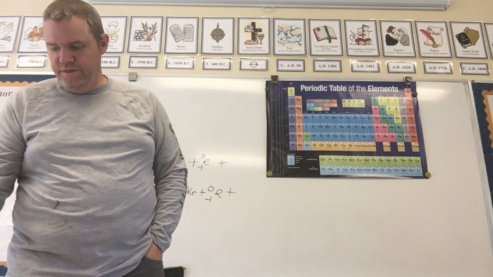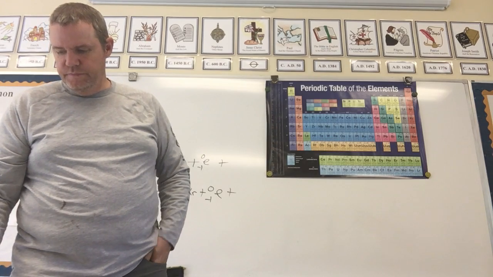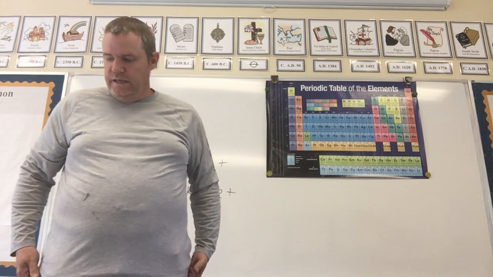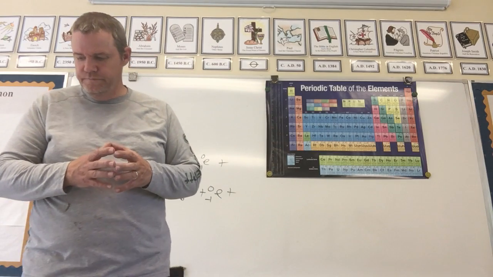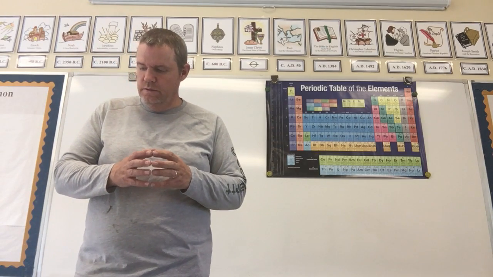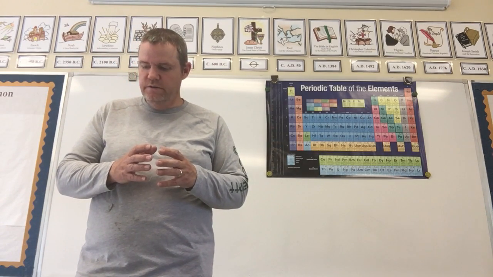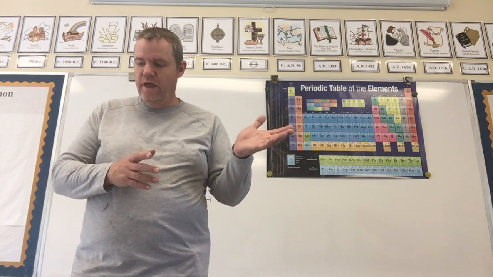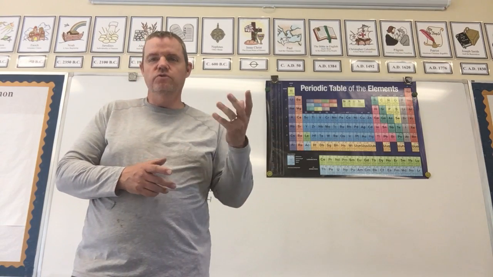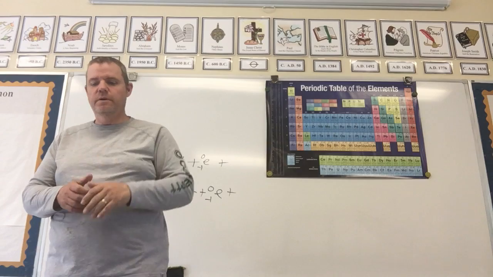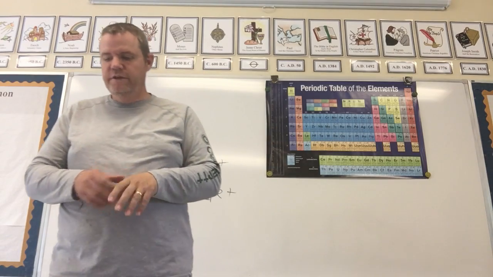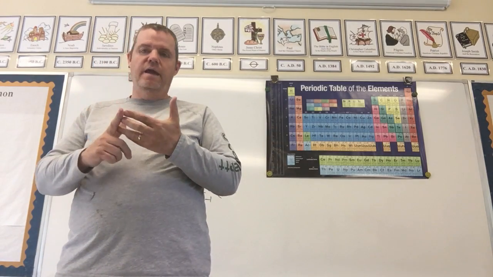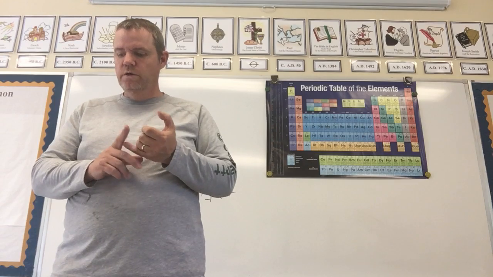Now, there's other things that can come out as well. You can have neutrinos, which are little teeny particles. There's all kinds of stuff, but these are the main ones: alpha, beta, gamma, and the neutrinos.